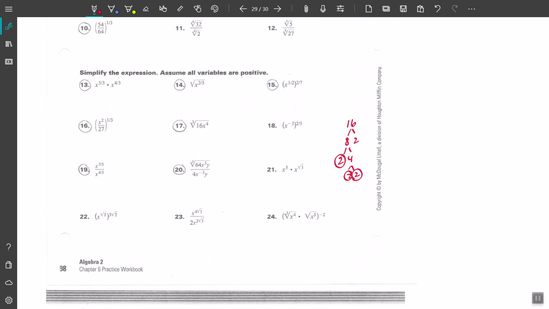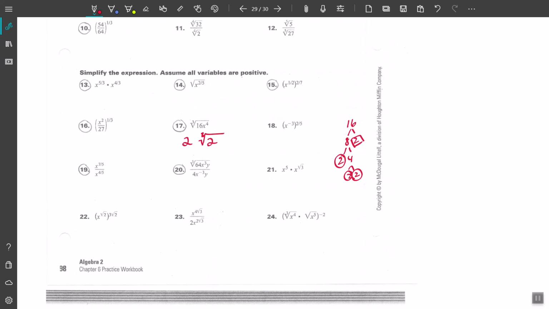So we know we're going to be able to pull a 2 out. I'm going to leave a little space here for our x. I'm going to rewrite the cube root because I've got to leave the 2 from the prime factor tree that's left under the radical. Now I need to deal with the x to the 4th.